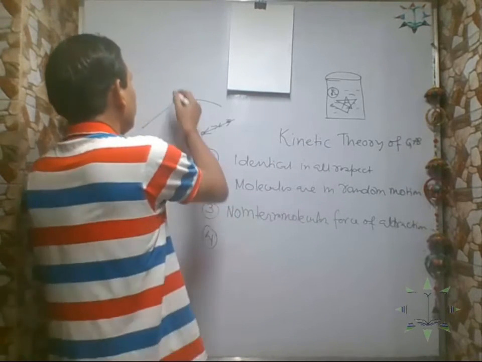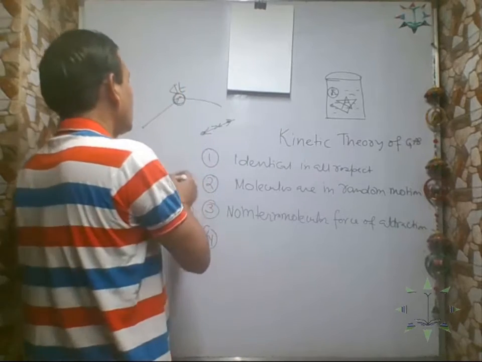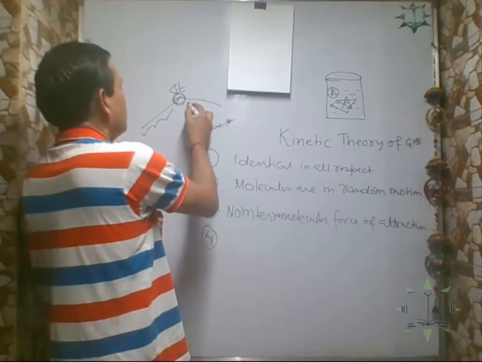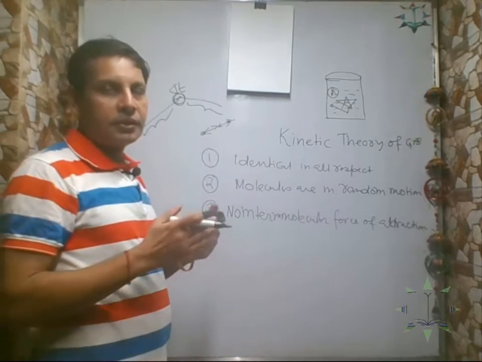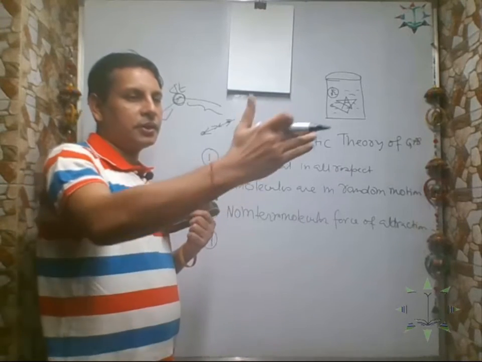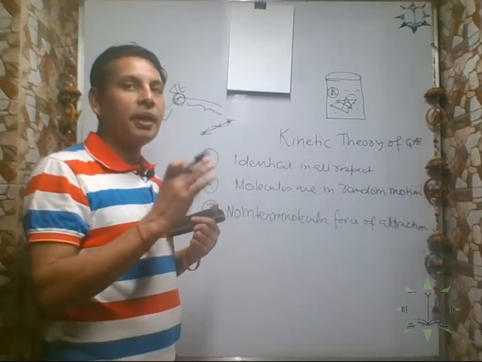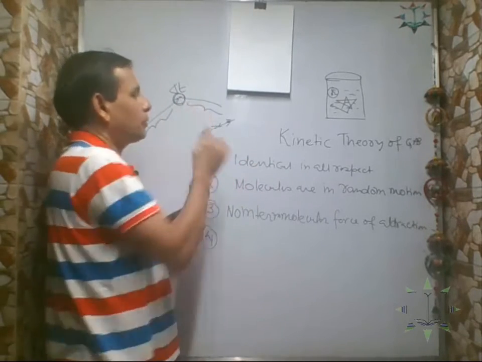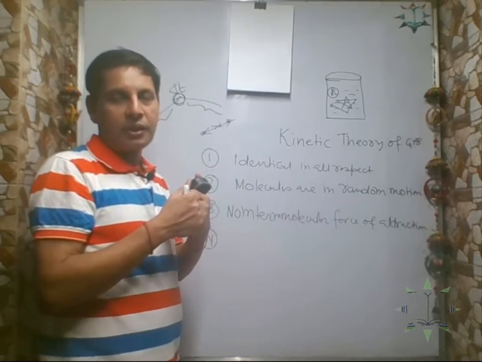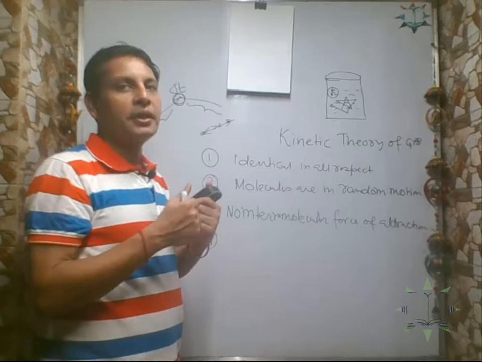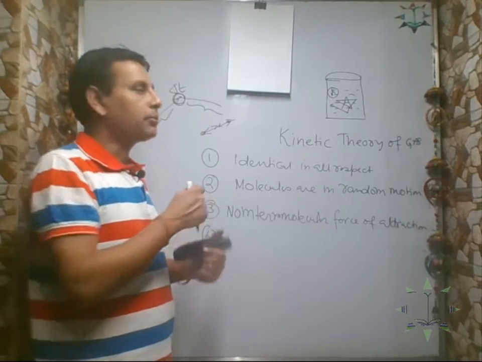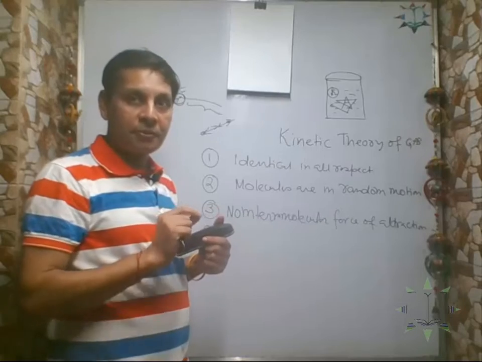This time is negligible compared to the time during which the molecule travels freely. The time for which a molecule travels freely from one place to another is much more than the time during which the molecules collide. Okay, so time of collision is negligible compared to the time during which the molecule travels freely.